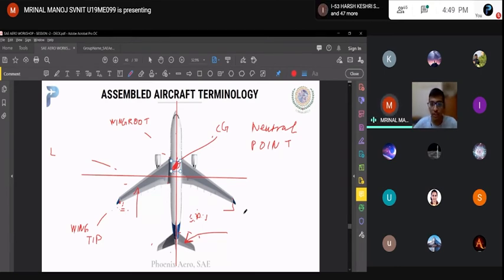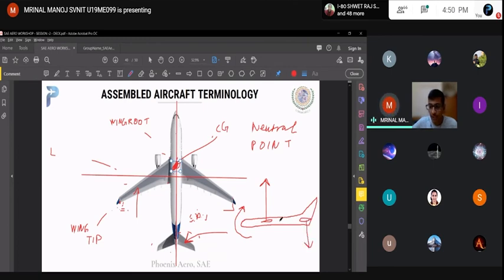So what does neutral stability basically mean? If you have an airplane, for example, and you have your wing here, your wing generates lift here. So the plane will go this way. Now to counteract this, your horizontal stabilizers should produce a lift downwards so that they both cancel out.